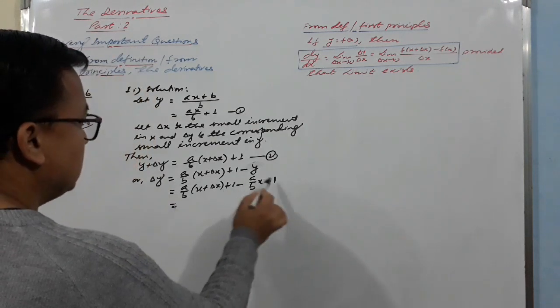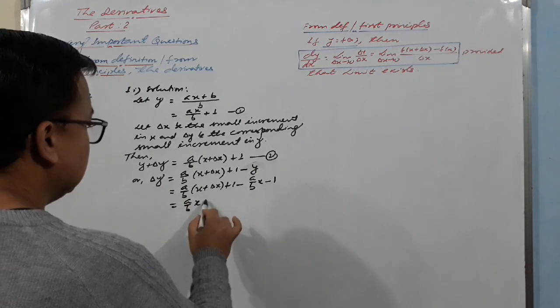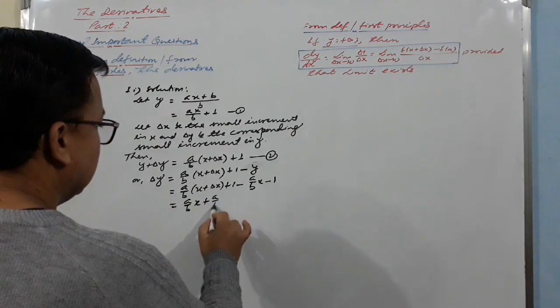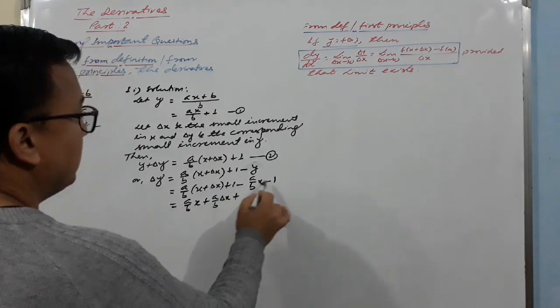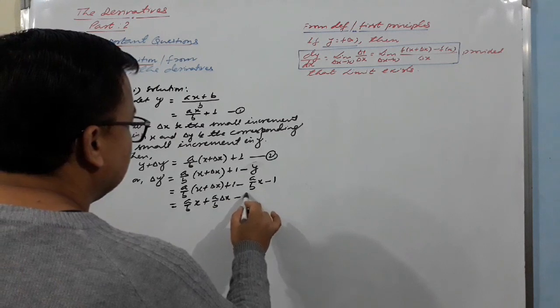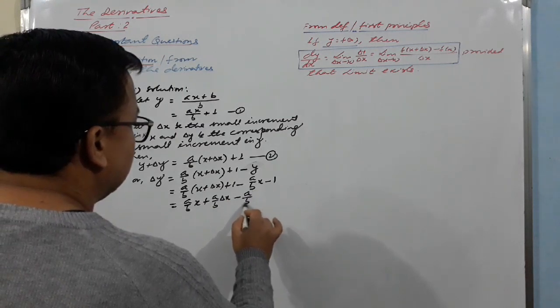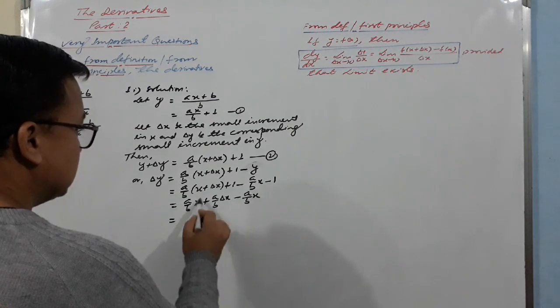Let's simplify: a upon b times x plus a upon b delta x, and the positive 1 and negative 1 cancel. We will have minus a upon b x, so that cancels.